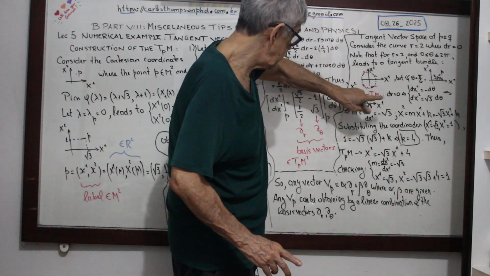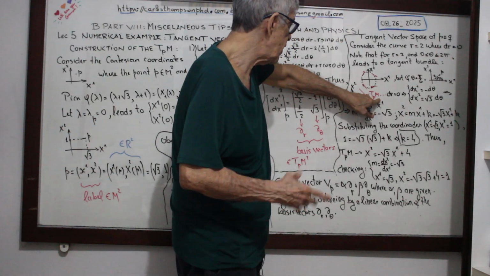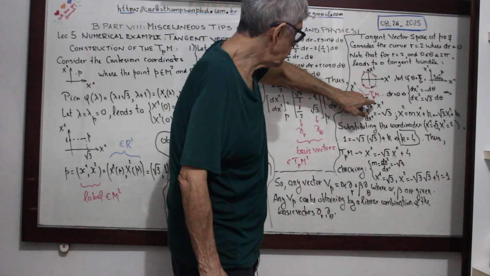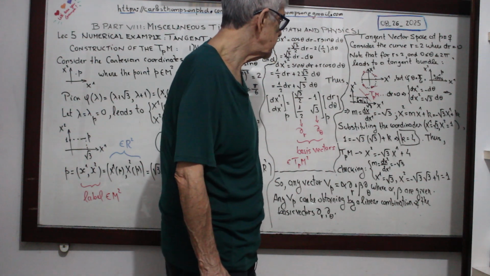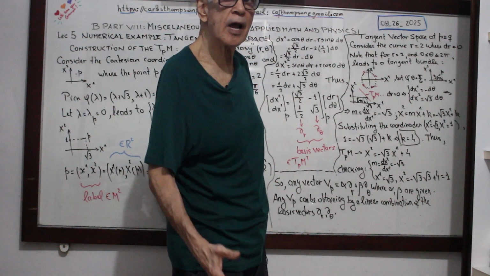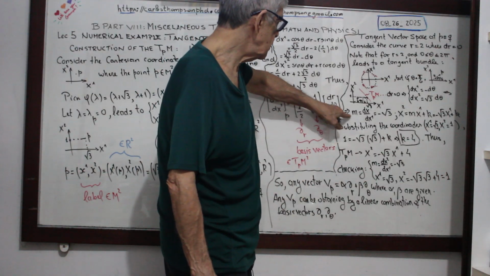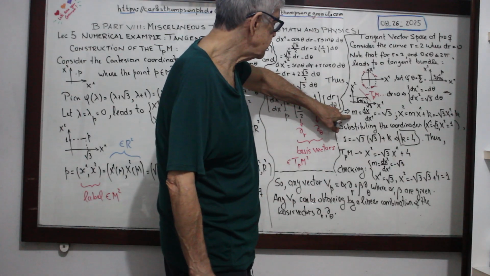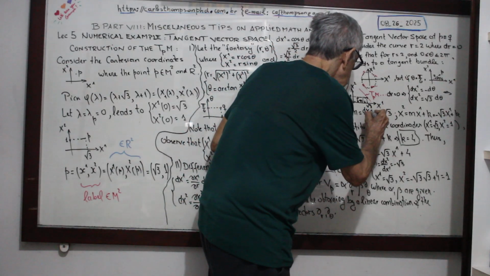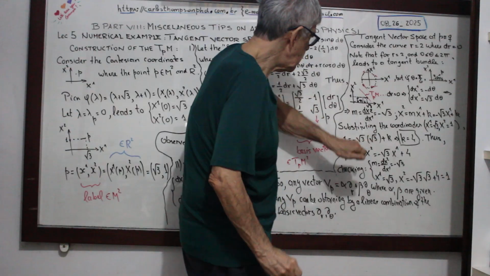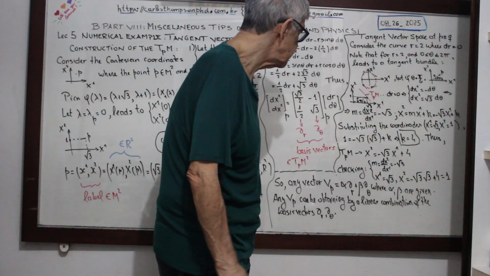Now we can see that I have the tangent vector, which lives on this straight line. I want the equation of this straight line. From calculus, easy. We can obtain the angular coefficient, which is dx2 divided by dx1. This is minus square root of 3, which I already calculated.